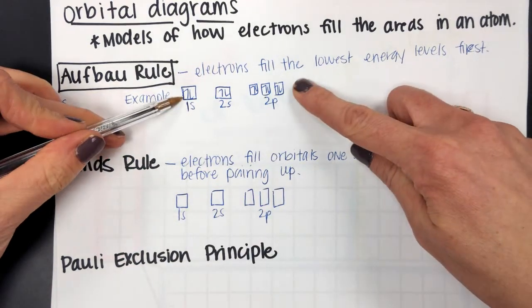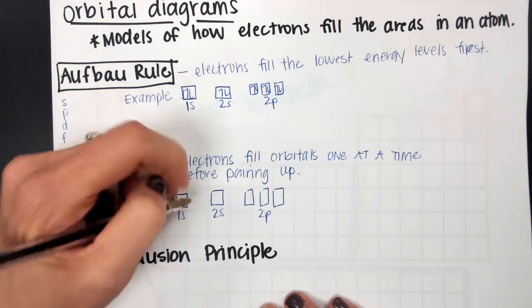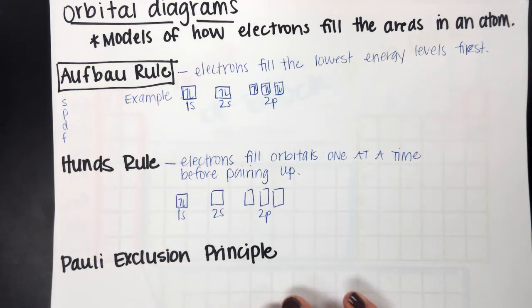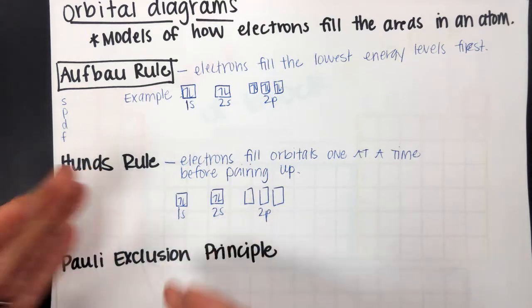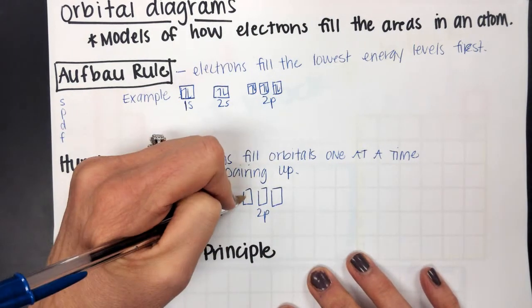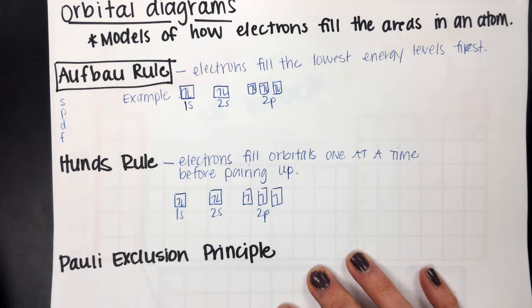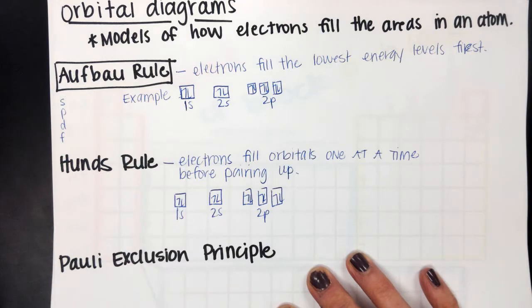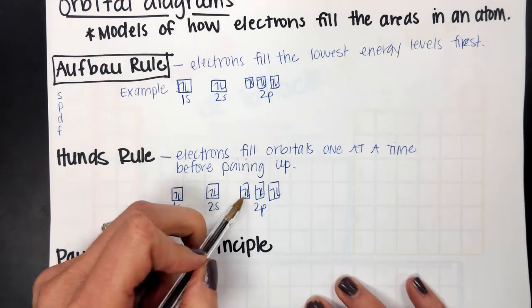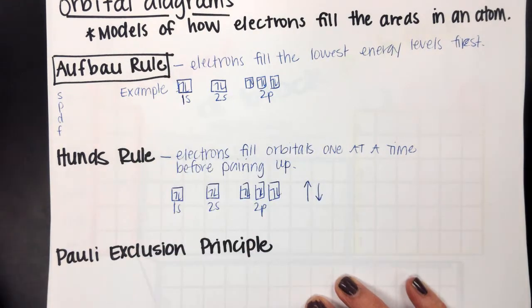Okay, these are orbital diagrams that I'm drawing. Okay, so they fill them one at a time before pairing up. Your S's are not a good example of that because they only exist one at a time. Like, you only have one orbital. But your P's, you would fill your orbitals one at a time before you go back in and pair up. Okay? These are like little half arrows, by the way. I just get lazy and draw them like this.